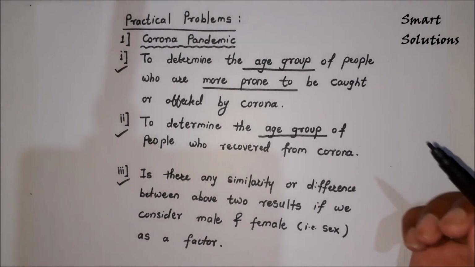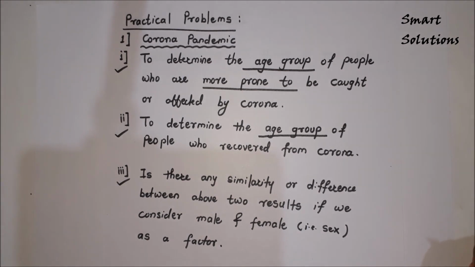So here what I have done is I have considered the problem of corona pandemic which we are facing nowadays, and there are many talks about corona, that if you have got high immunity you will not be caught up by corona, and so on and so forth. So as we know overall what corona is, how it is caused, how to take precautions, and how to get cured.